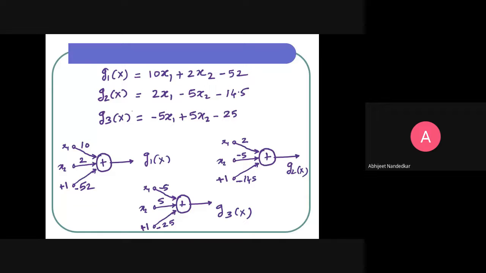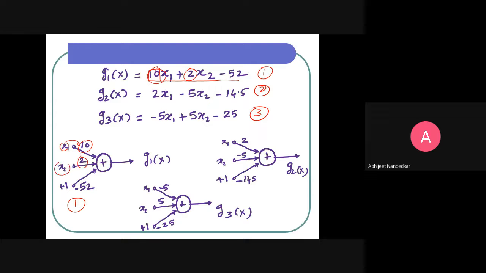Now I have three different equations ready for me. These are equations 1, 2, and 3 for the three classes. Now how do I implement this? You just see, equation number 1 is implemented by this neuron number 1. Take this 10 and 2 and place them here: for the x1 terminal you write its coefficient, that is 10.